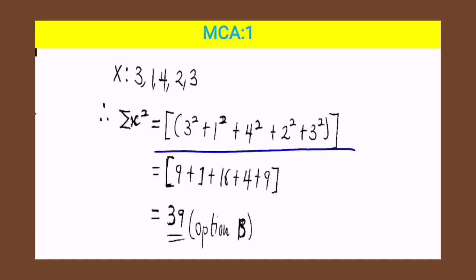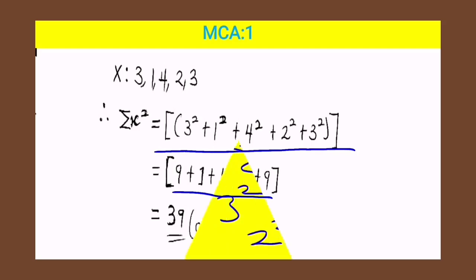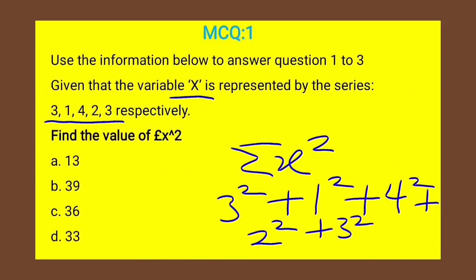When you square 2, you're going to get 4. When you square 3, you're going to get 9. So at the end of the day, if I add all of these, you should be able to get 39. And that was option B. So option B is the right answer in that case. So that is the summation. It is very simple.